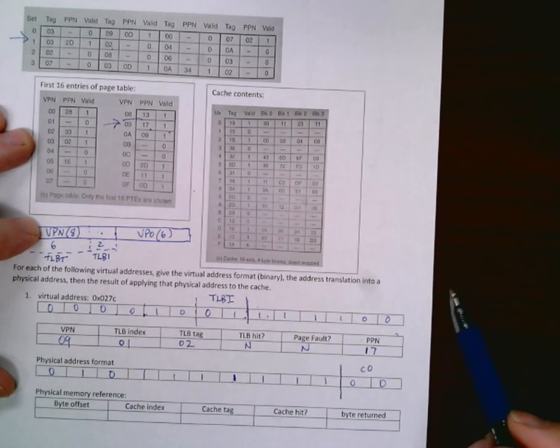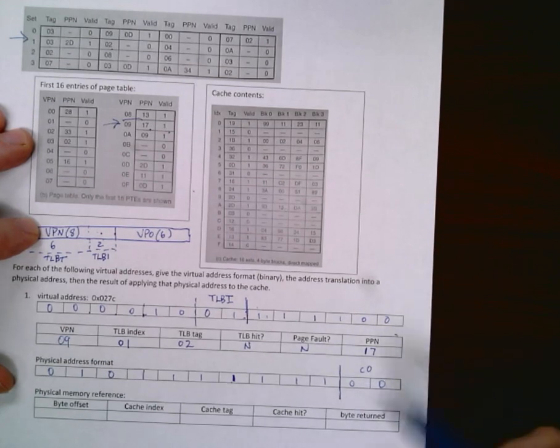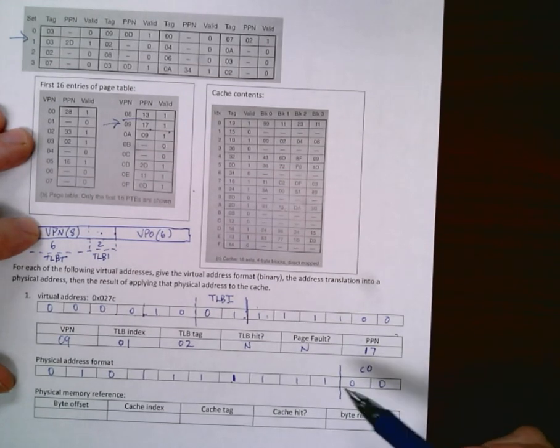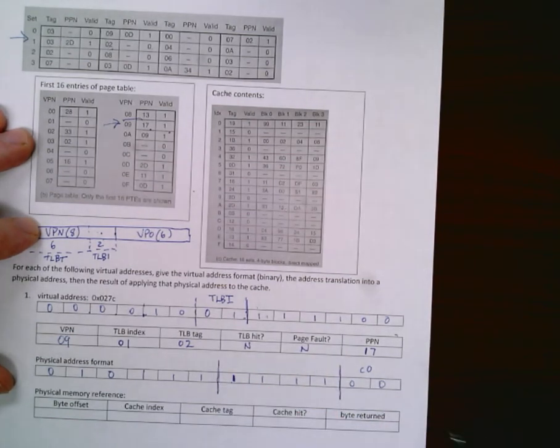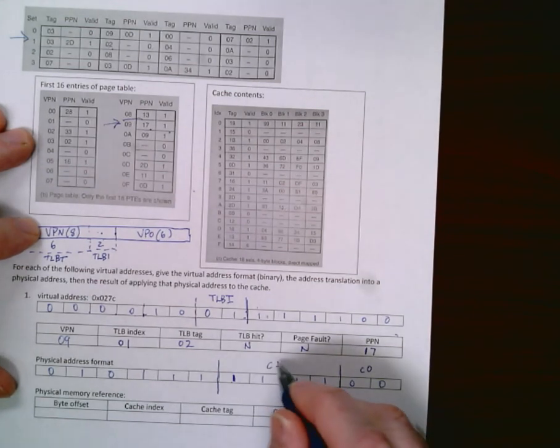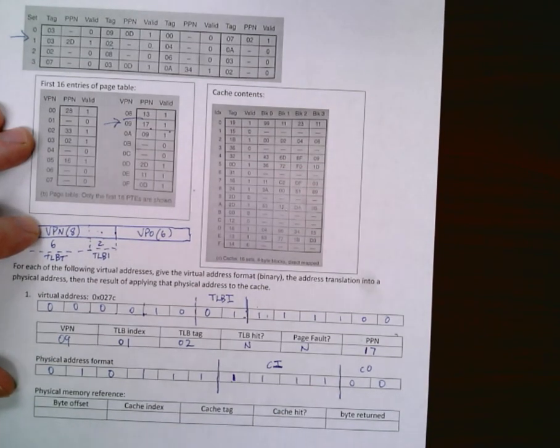And then we have 16 entries in a direct mapped cache. That means there's no associativity, so there's 1 line per set. 16 entries means I need 4 bits to access the 16 entries. And so this is going to be my cache index right there. Sorry, a little messy. And then that leaves the cache tag above that. So the cache tag is going to be the last 6 bits.